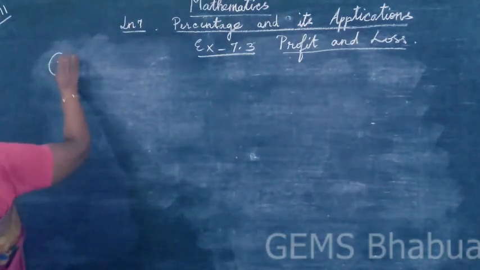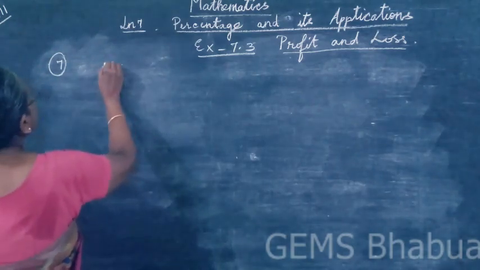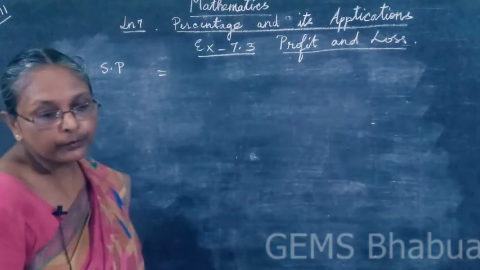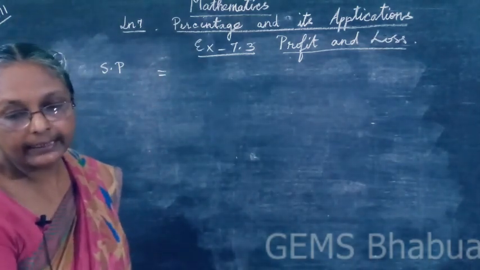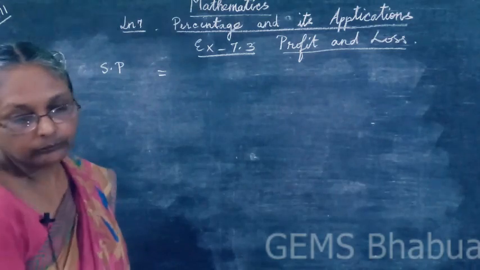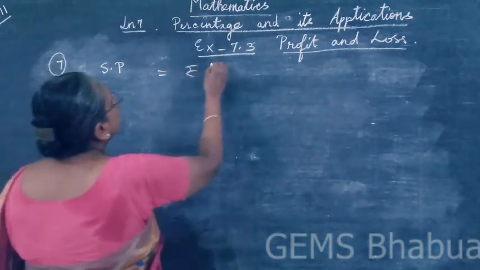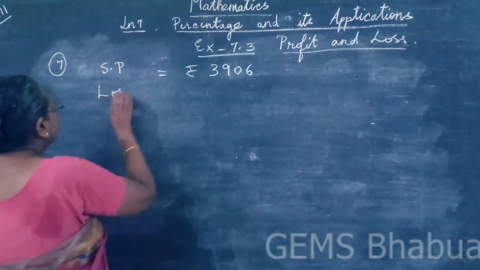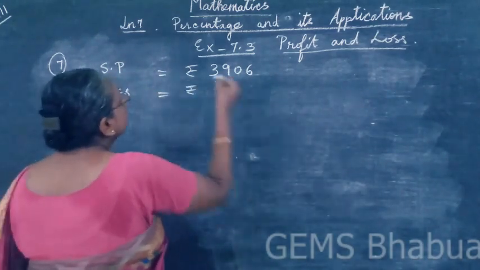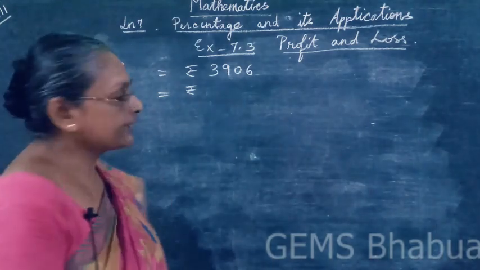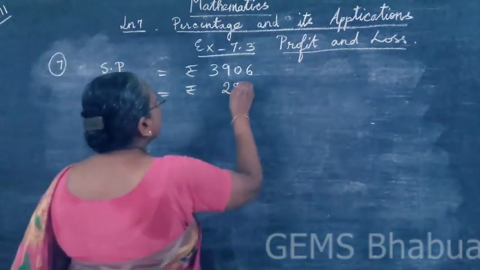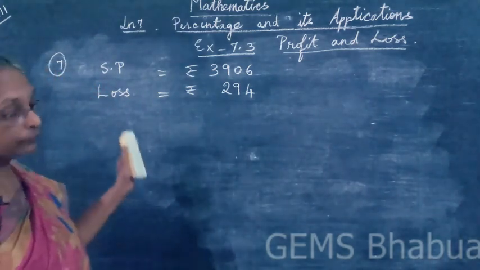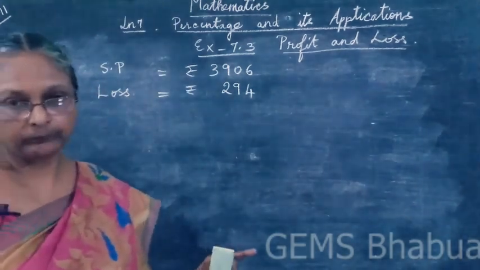So in this problem, the selling price of the almirah is given to be rupees 3,906, and the loss is given to be rupees 294. Now we are asked to find the cost price first.